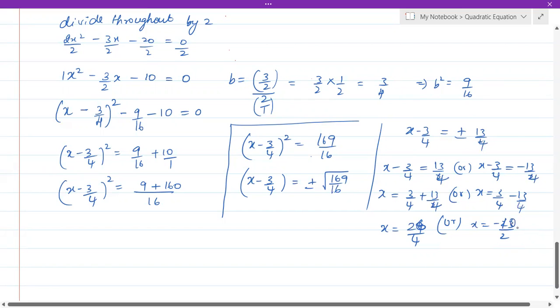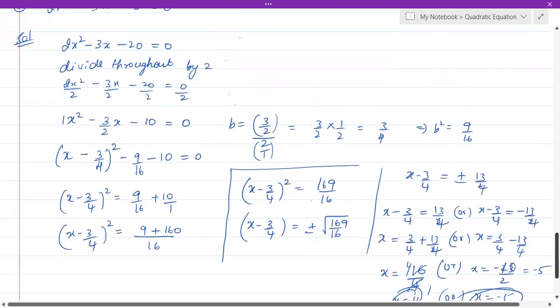So it becomes minus 10 by 4, which is minus 5, or 16 by 4. Four fours are 16. Therefore, x is 4 or x is minus 5. We made a small mistake, otherwise it is correct.